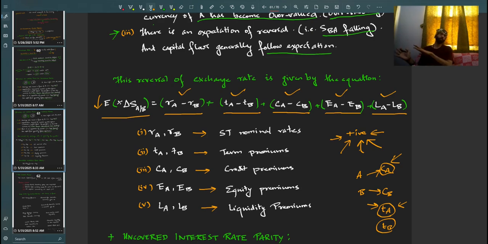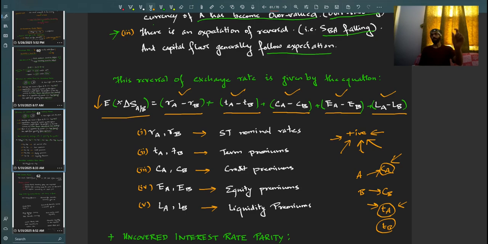You may offer higher premiums, but in time they get adjusted through the exchange rates. This is what this equation is saying, and it is specifically talking about the third phase, when the capital is moving out and the exchange rate is adjusting for the apparent premium that was being shown but was not there in the markets.